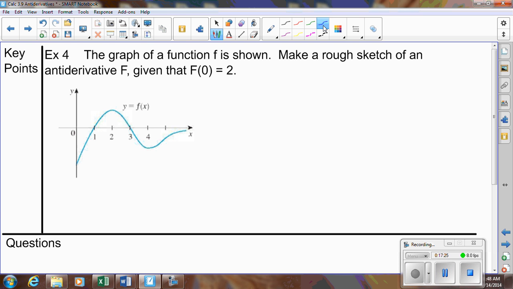Well, let's start off with one piece that's pretty obvious. F of 0 is 2. Okay, so what other information can we glean from this? Well, remember, we're being shown basically the derivative. So if the derivative has a height of 0, what does that mean?